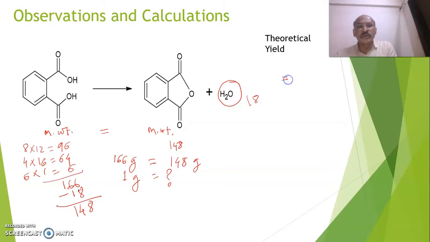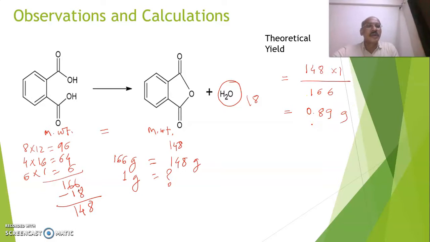It will be equal to 148 multiplied by 1 divided by 166. How much is it coming? 0.89 gram. So this is the theoretical yield. If we start with 1 gram, this must be the weight of product if 100% conversion is there.